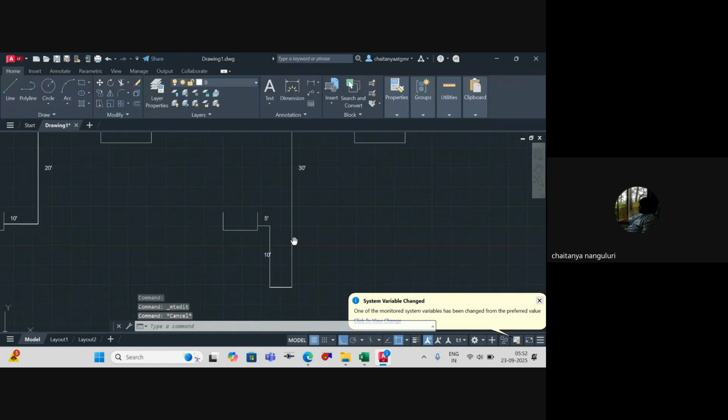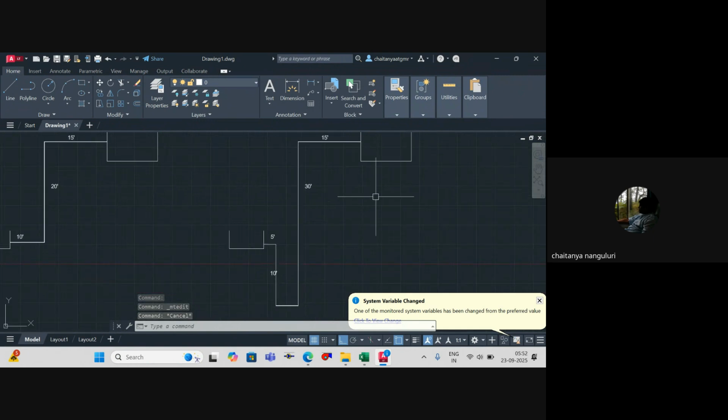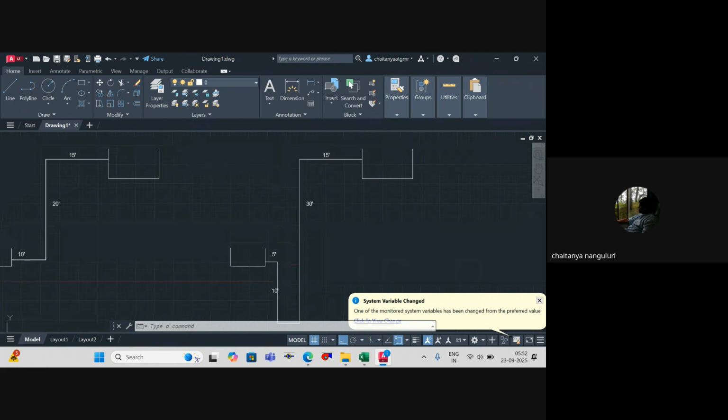The pipe is going downwards and then coming upwards. So what is the static head over here? 40. Why is it 40? Because here again 10 feet is there. 30 plus, wrong. I mean, from here to here, I said it's 30 feet. Basically, your pump is required between underground to overhead.